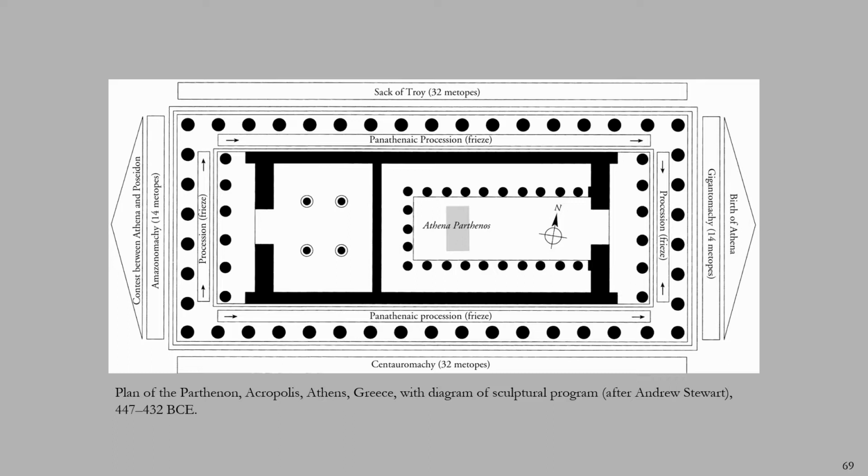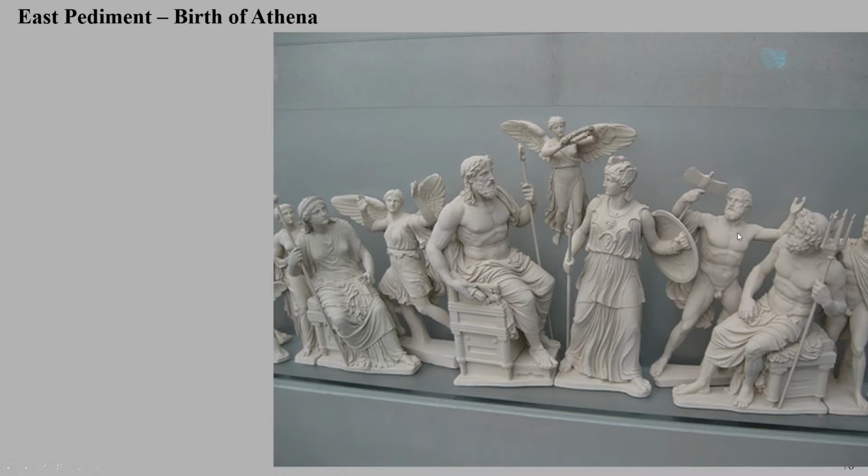So first of all, though, let's look at the East Pediment. So here, which depicts the birth of Athena. And so here we see not her actual birth. In fact, she was born by coming out of the head of Zeus. She was the ultimate headache. But here she is being sort of presented to the other gods of Olympus.